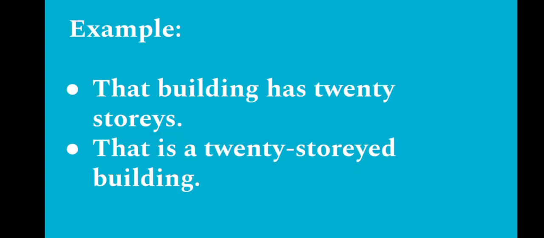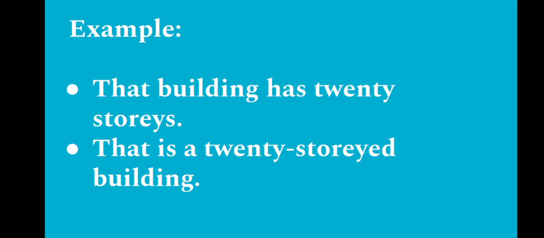That building has 20 stories. We have written it this way: a 20-storied building. We have used a hyphen between 20 and storied. 20-storied is a compound adjective and we have joined them using a hyphen. And 20-storied is an adjective which tells about the building.